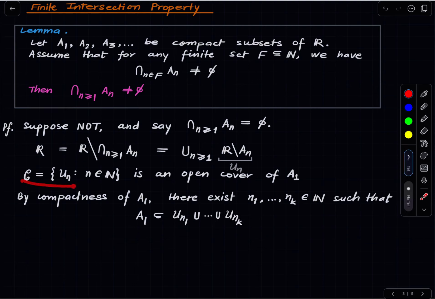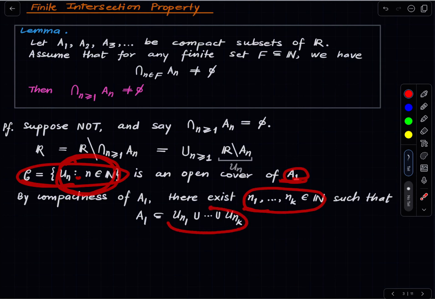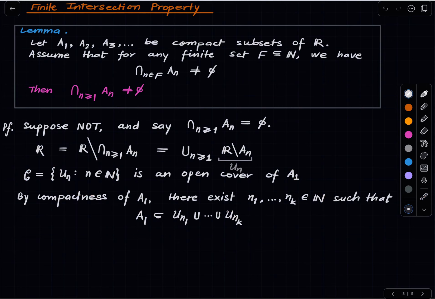So this is an open cover of A1. A1 is compact, so there exist finitely many sets here whose union contains A1, and therefore we get finitely many natural numbers such that the corresponding Un's contain A1, which implies, by the definition of the Un's, that A1 is contained in the union of the complements of the corresponding An's.